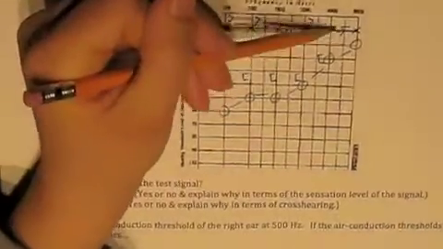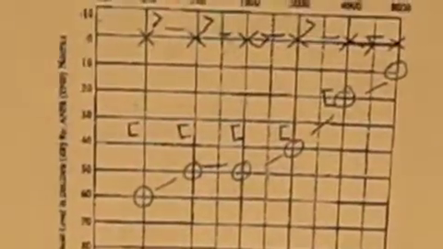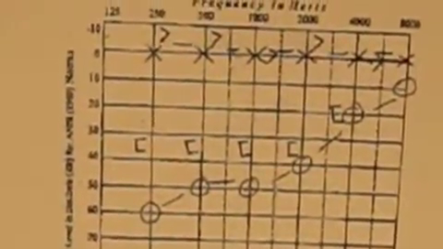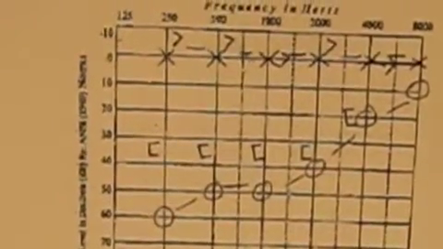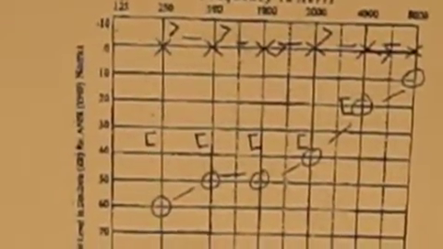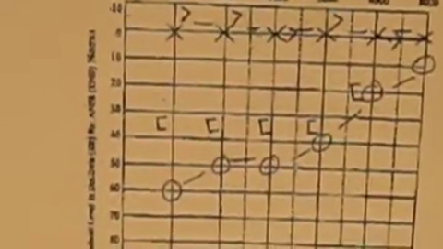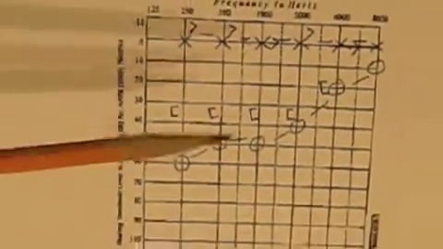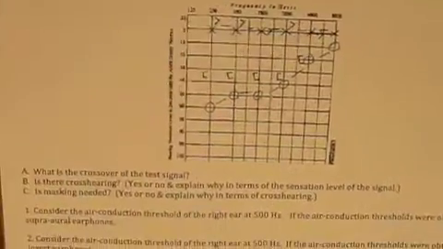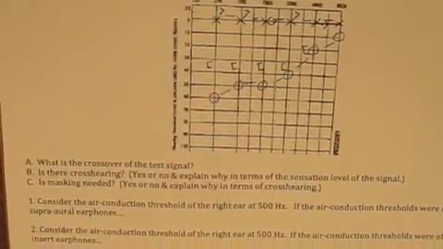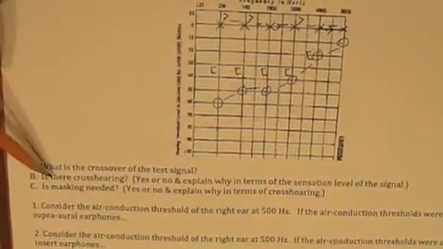We can see that the threshold of the cochlea in the left ear is 0, so the level of the signal reaching the left ear's cochlea is below the ear's threshold via bone conduction. So there is not cross-hearing.